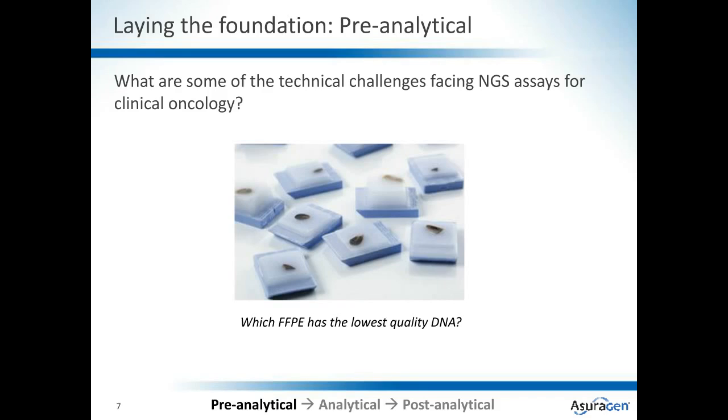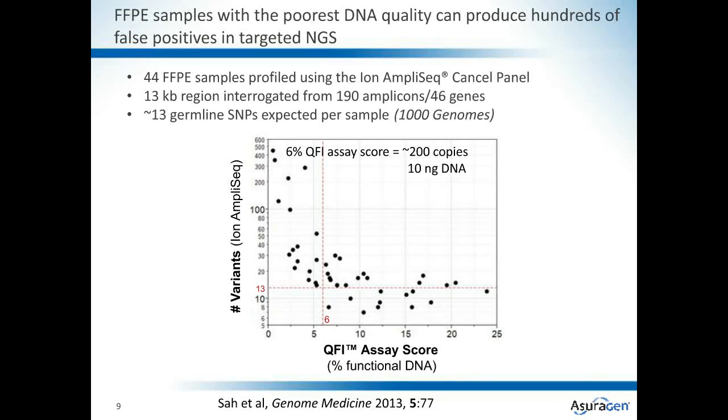And I think a clear demonstration of this fact is shown in this slide, which summarizes data that we generated across 44 FFPE tumor specimens that were profiled using the AmpliSeq cancer panel. These samples represented a range of different DNA quality. Each point in this plot represents a distinct sample.